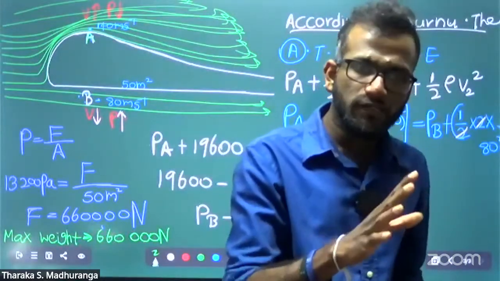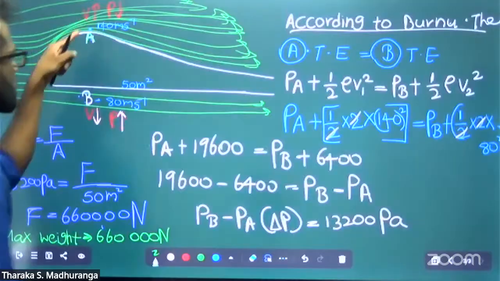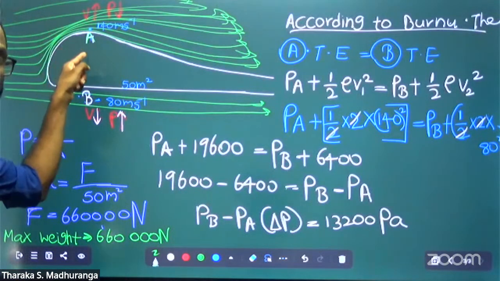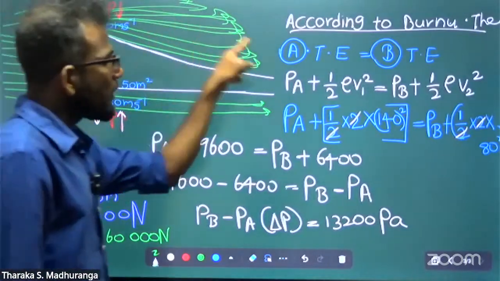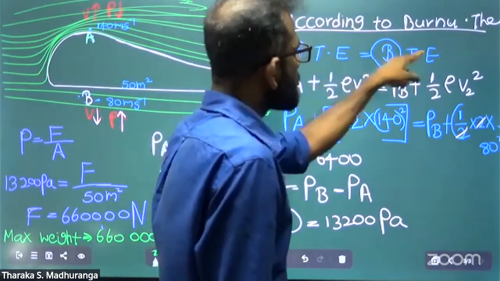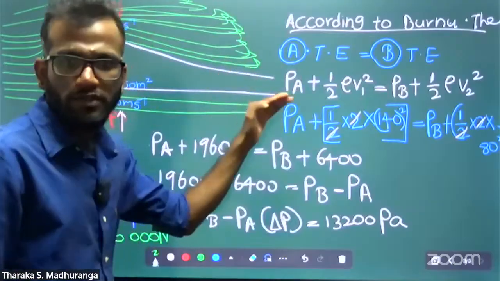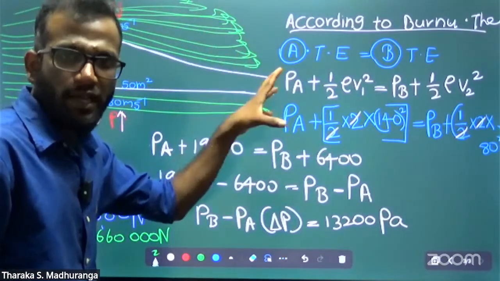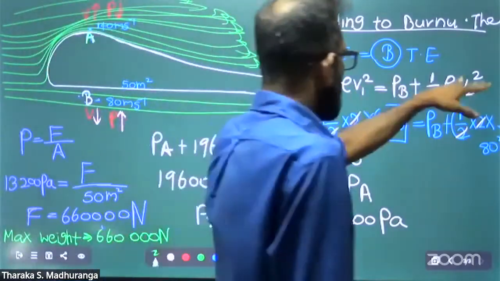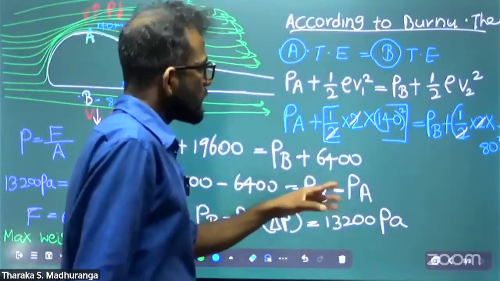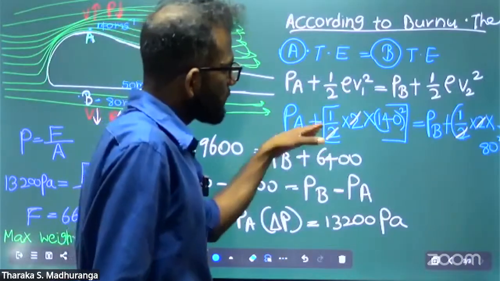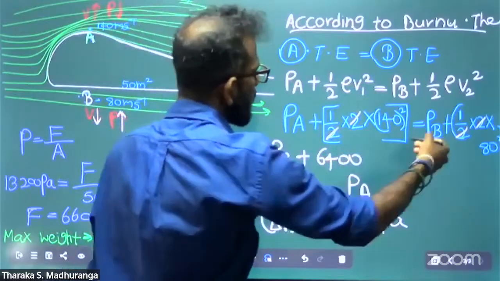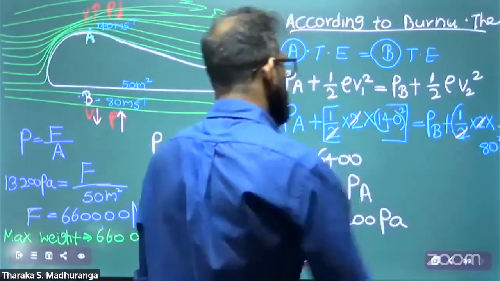Okay, the same concept. The air speeds are given. I consider the upper side as A and the lower side as B. A side total energy equals B side total energy. That's Bernoulli's theorem. Neglecting potential energy, the equation has PA, which we don't know, the upper side kinetic energy, PB, and the lower side kinetic energy.